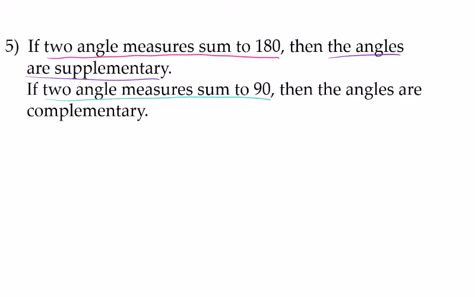Two angle measures sum to 90, that doesn't match up with the conclusion of the original. Then it says then the angles are complementary, so another new statement, right? So those two conditional statements are not linked by the conclusion of one and the hypothesis of the other, right?